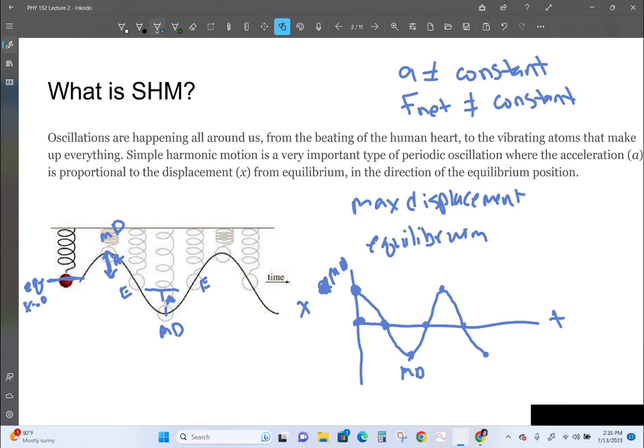And when it's at equilibrium, it has the least force acting on it. That means that it has more acceleration at the maximum displacements, and it is traveling the fastest as it goes through the equilibrium points.